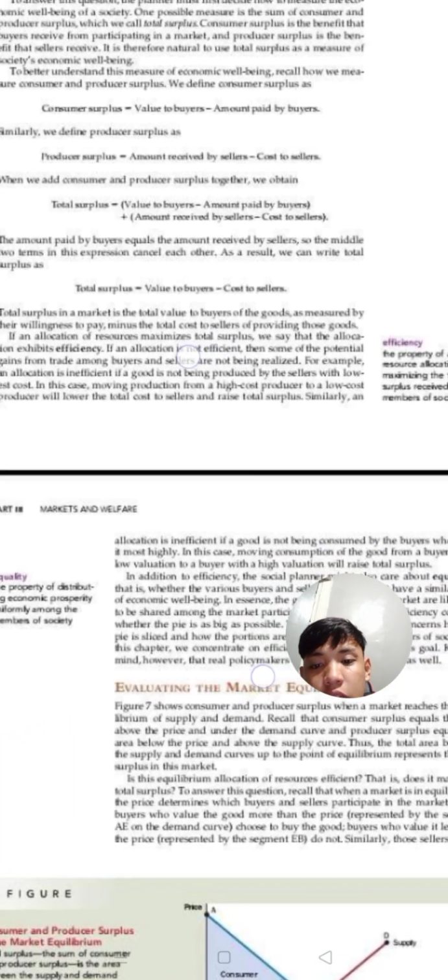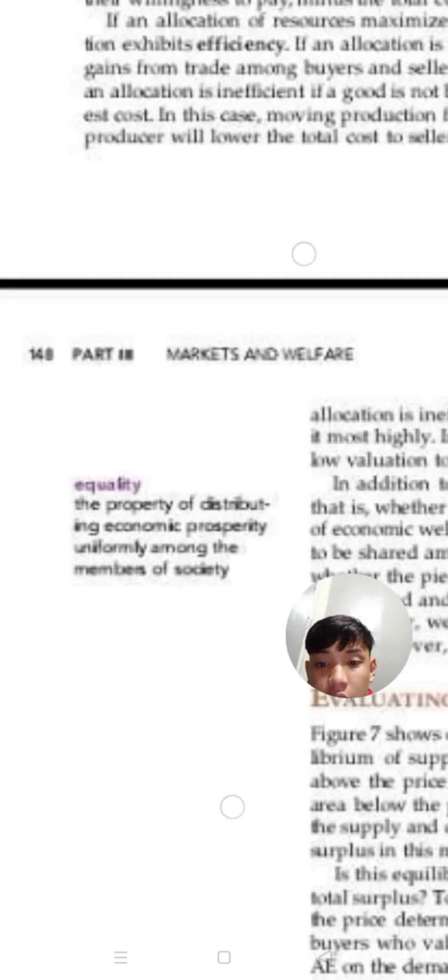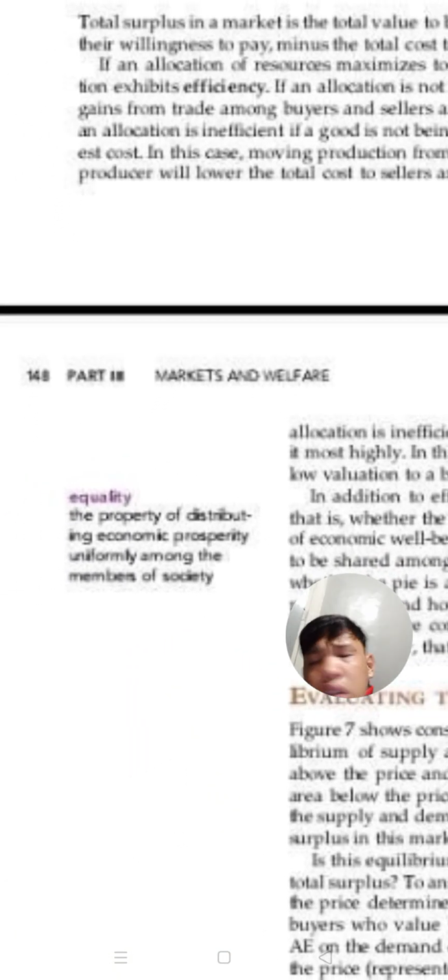Now let's proceed. Meaning of equality. Equality is the property of distributing economic prosperity uniformly among the members of society.